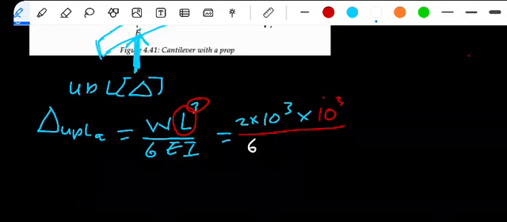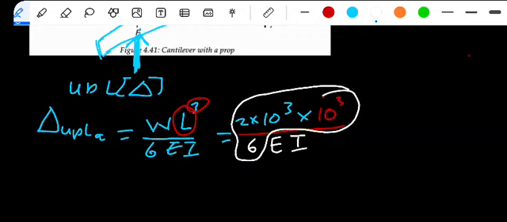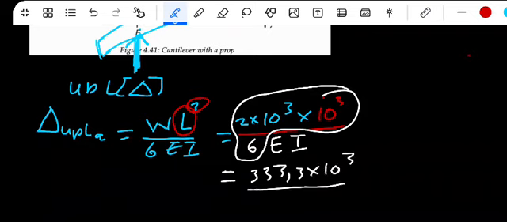And the modulus of elasticity and the moment of inertia you are not given. So we can punch this on the calculator and you'll obtain 3.33 times 10 to the power of 3 over EI. All right, this is what you have there.